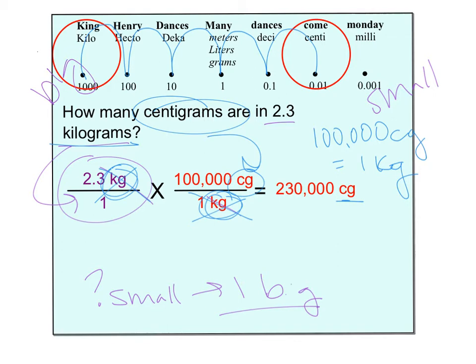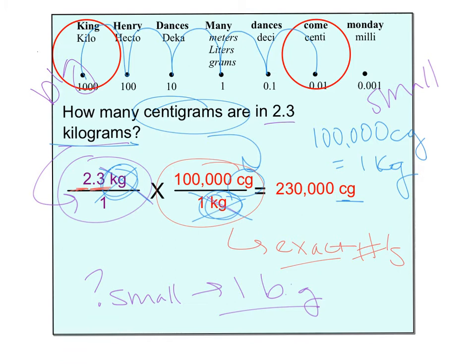Notice for 2.3, there are 2 sig figs. But you might have noticed how these numbers have 1 sig fig. But all conversions are exact numbers. If you remember from yesterday, we only use sig figs for measured numbers, because there are exactly 100,000 centigrams in a kilogram.